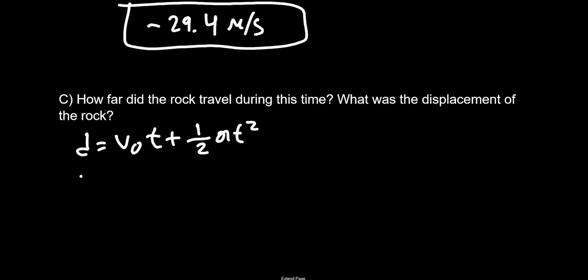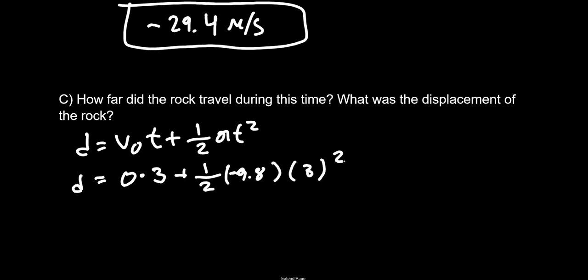Our displacement, or distance, either one, is going to equal the initial velocity, which we know is 0, times our time, which is 3 seconds, plus 1/2 times negative 9.8, times 3 squared. Our 0 times 3 is going to cancel.